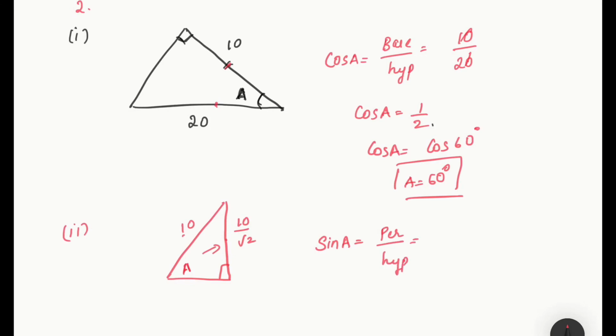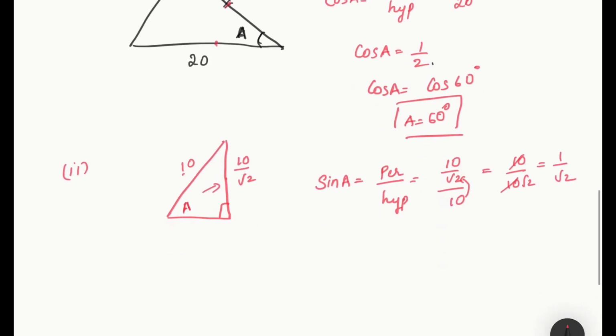What's the perpendicular we have here? 10 by root 2, by 10. That is equal to, this will go up, so I get 10 by 10 root 2. 10 and 10 get cancelled, I will get 1 by root 2. Sin A equals 1 by root 2, which is sin 45. So A is equal to 45 degrees.